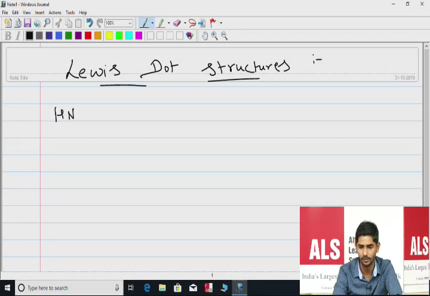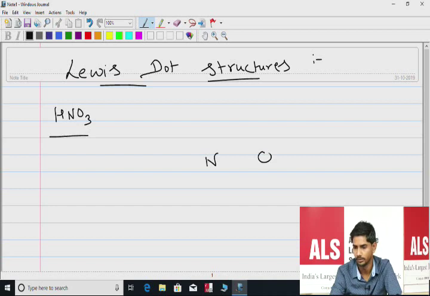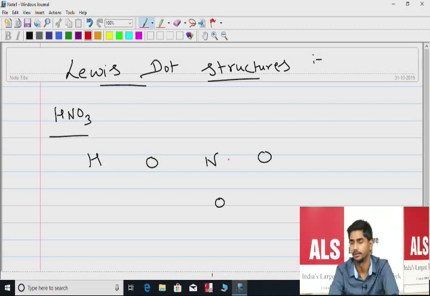Let's talk about HNO3. I have told you that the arrangement of HNO3 is like this. Complete their octets and draw its Lewis structure. Look at this. 1, 1, 1.